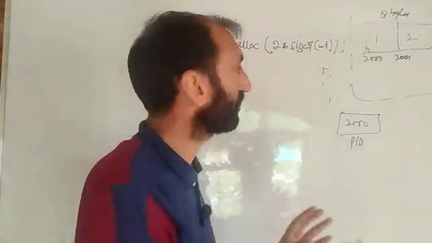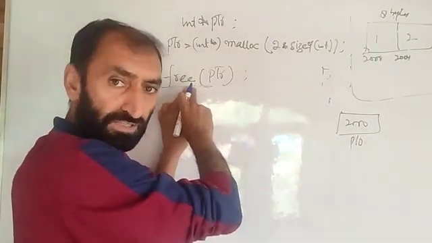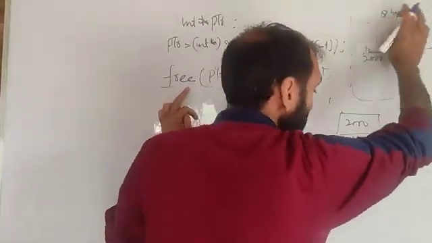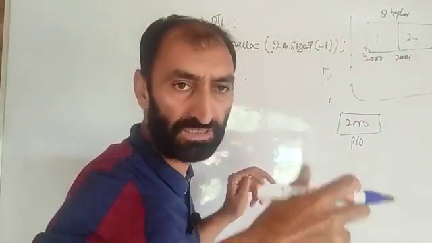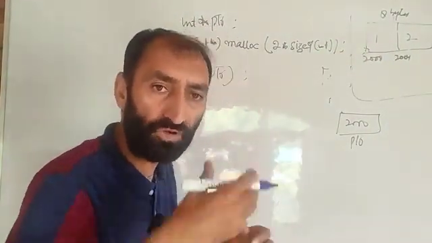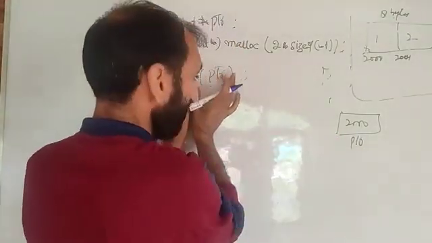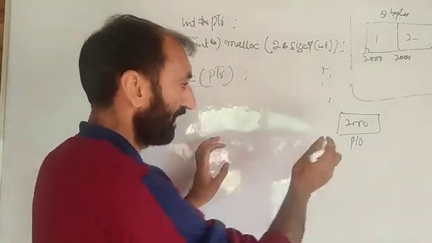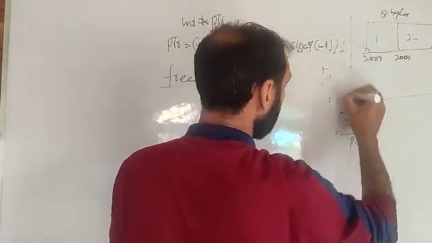The categorical answer is no, because free is not responsible for deleting the data which was previously stored in the memory that was allocated dynamically. Free is only responsible for freeing this pointer from this memory block.